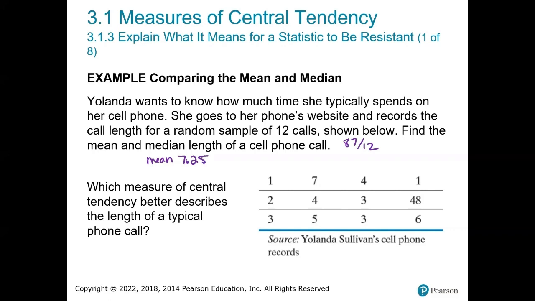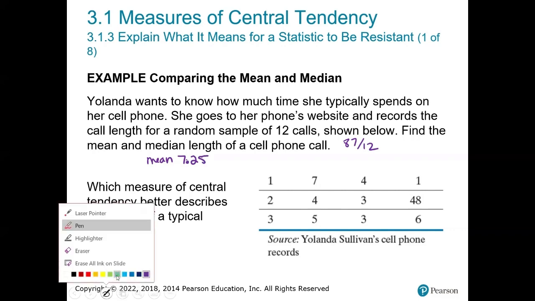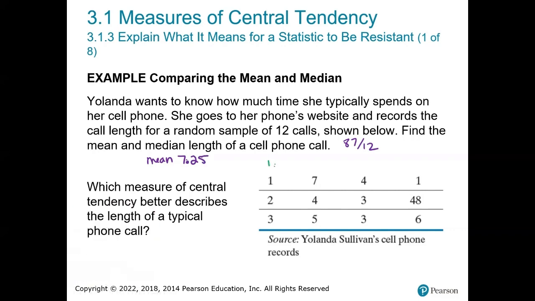Median, I have to put them in order. So 1, 1, 2, 3, 3, 3, 3, 4, 4, 5, 6, 7, and 48.